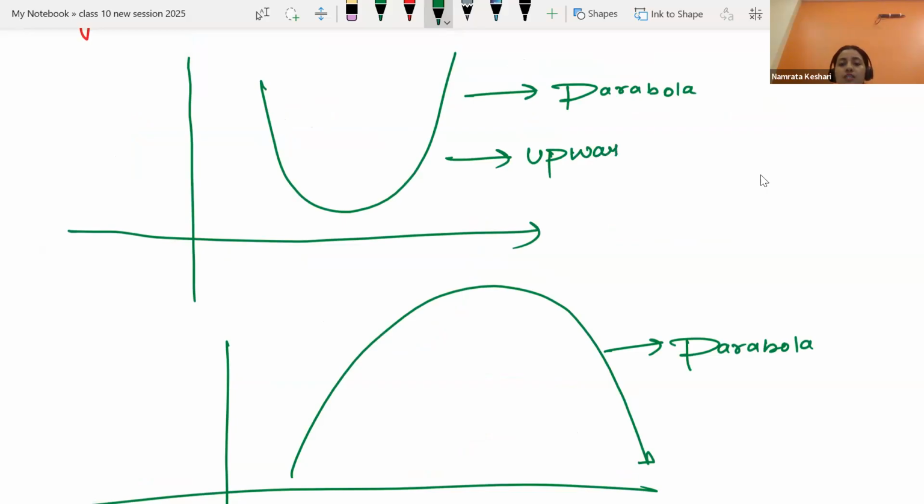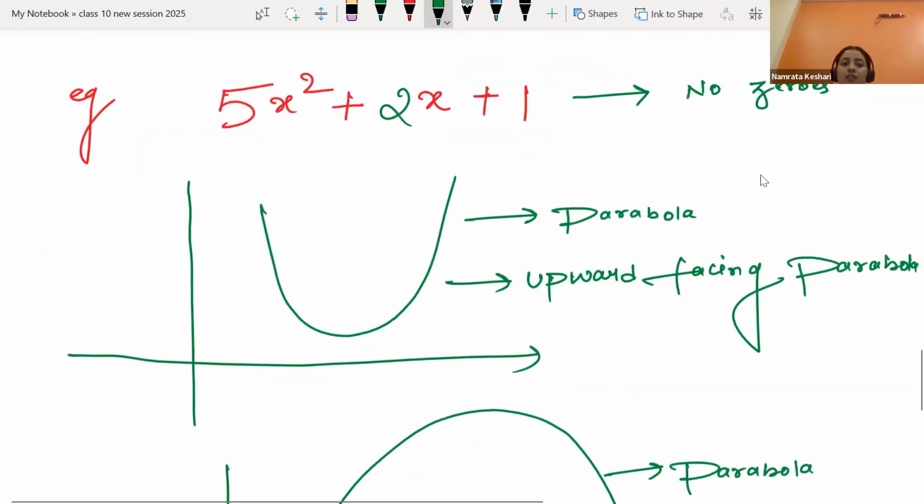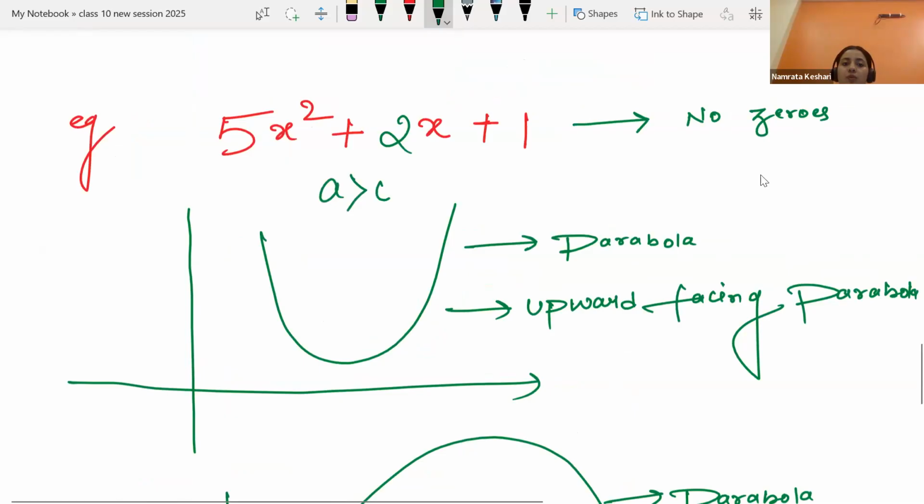This U is facing in the upper direction. We will get this upward facing parabola when the coefficient of x square, this a, is bigger than 0, that means a positive number. If your a is a positive number, Rayan and Umar, our graph will be an upward facing parabola.